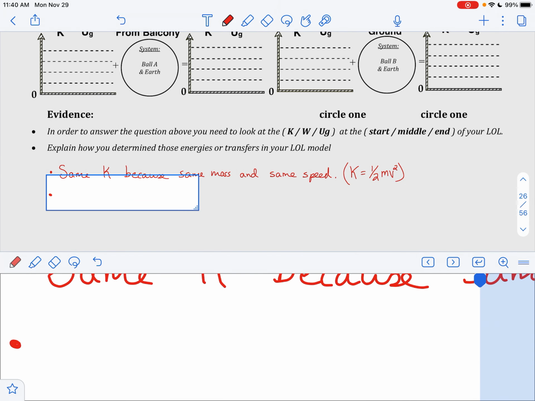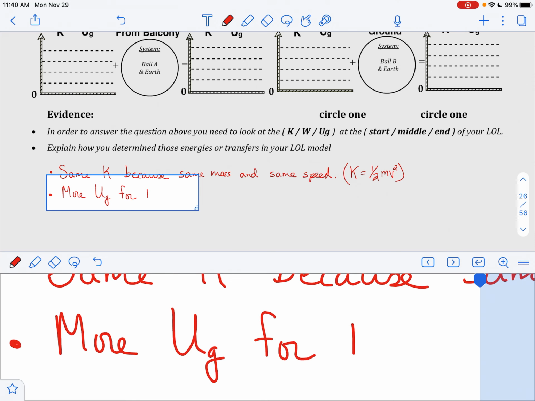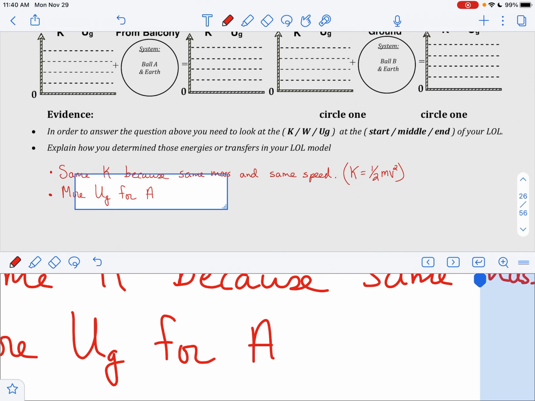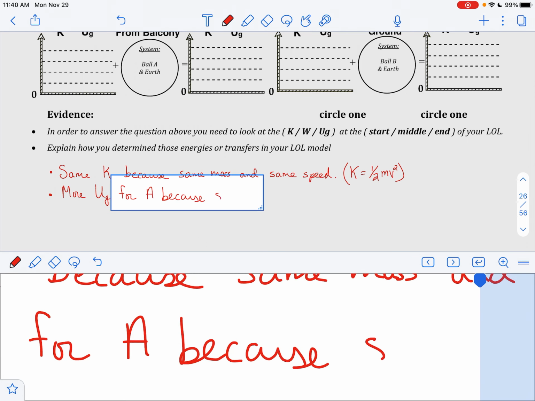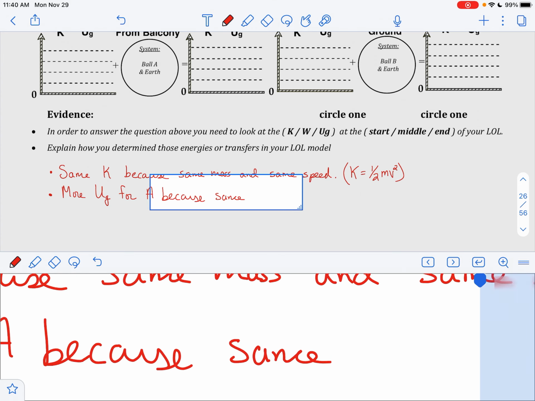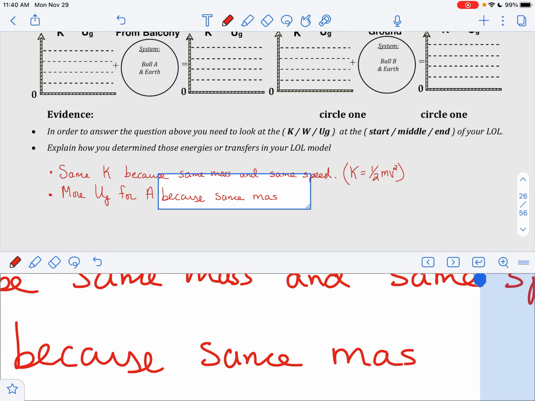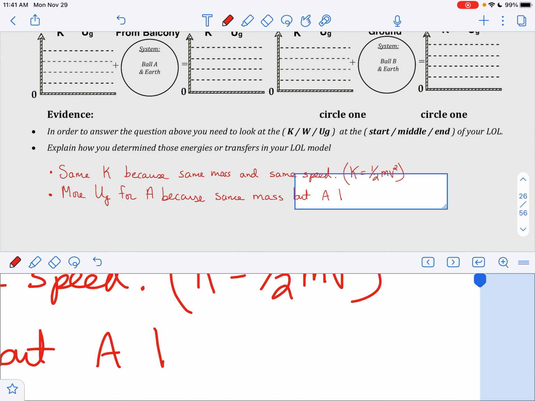So the one on the left, and then we'll fill in our LOL. This is how we know what to fill in. So more UG for A because they have the same mass, but A has more height.